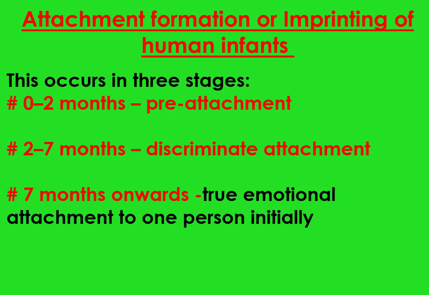In this stage, the infant begins to show a preference for familiar people. The third stage, 7 months onward. In this stage, the infants produce true emotional attachment to one person initially, even though multiple attachments often form soon afterwards.